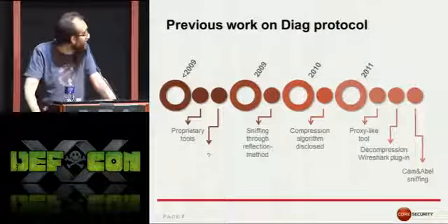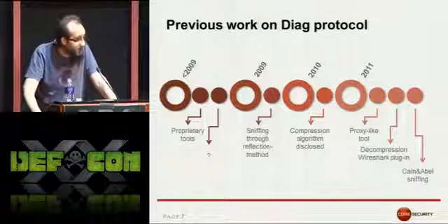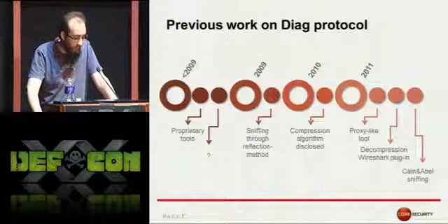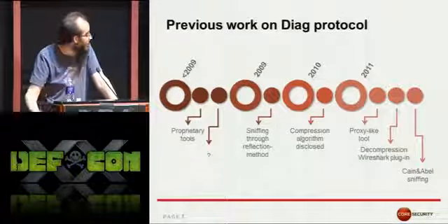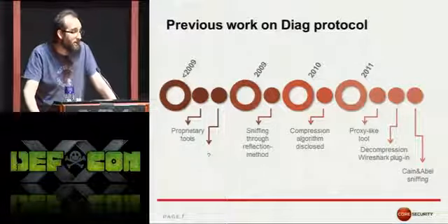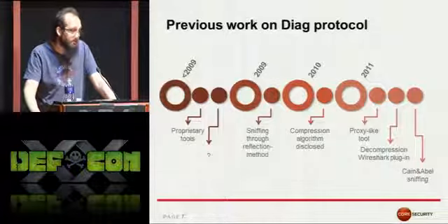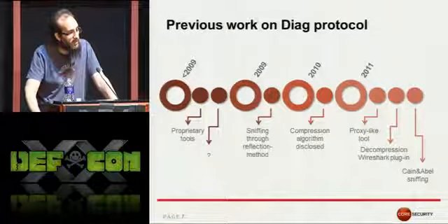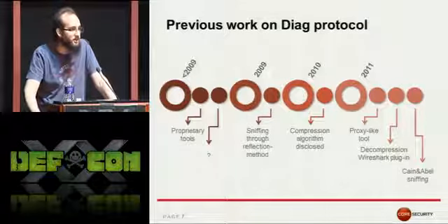In 2010, Denis Yurichev published an article in his blog where he found that the compression algorithm used in the protocol is the same as the compression algorithm used in the MaxDB open source product.